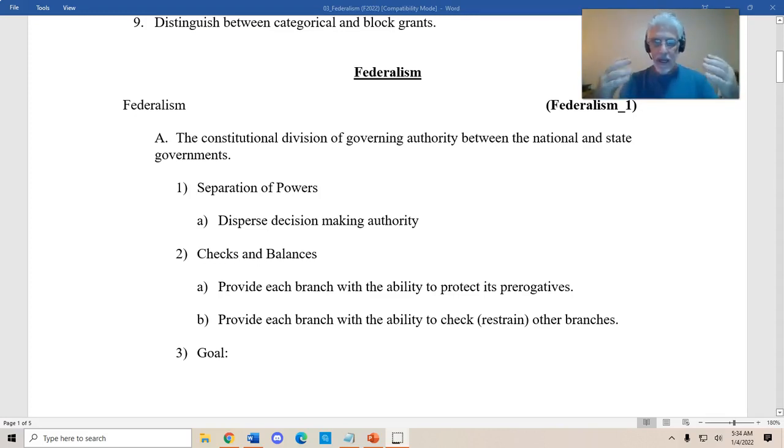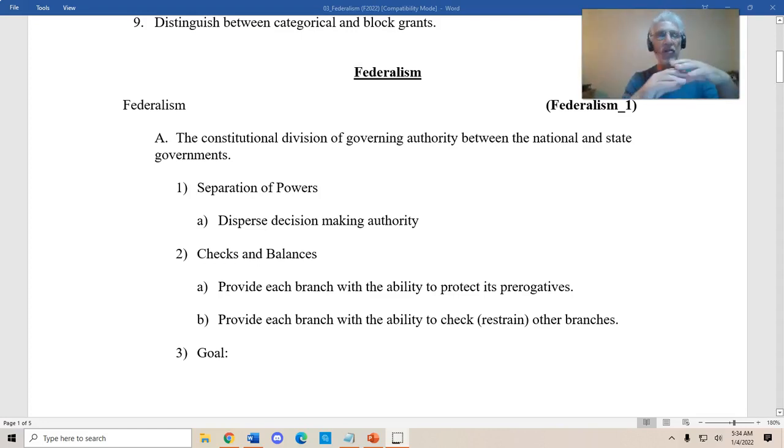This is the idea, these two different ideas of dividing up decision-making authority, and then giving each branch the ability to protect itself from encroachments, from efforts on the part of other branches to take its power. That was the idea of dividing up authority.